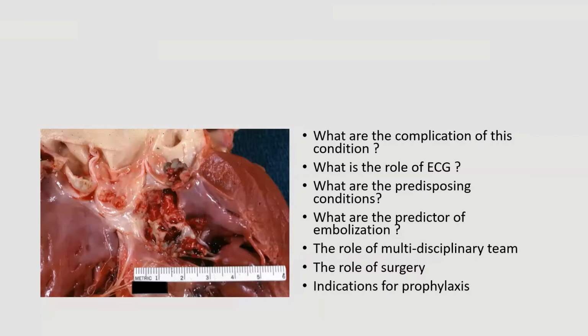Anterior mitral leaflet more than the posterior mitral leaflet. Size of the vegetation. If you are talking about 0.8 centimeter or 1 centimeter, large mobile vegetation, mobility of the vegetation, and the microbiology of the vegetation itself. If you are dealing with a virulent organism, the likelihood of embolization is more.